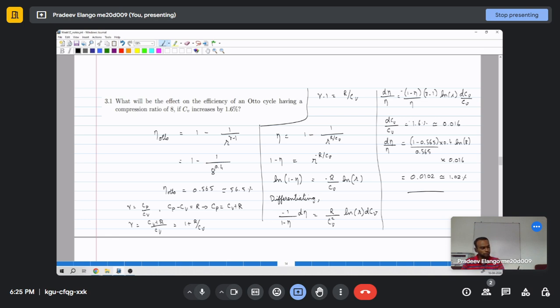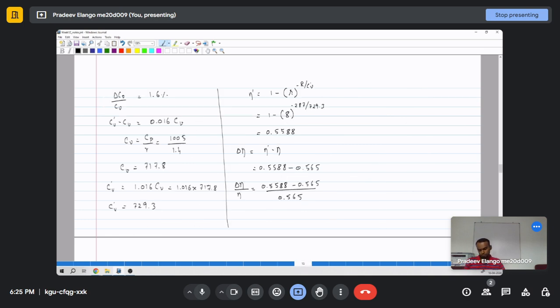So we had a negative, this is negative, so the efficiency decreased by 1.0%. So this way we can get the change in efficiency as 1.097% decrement.